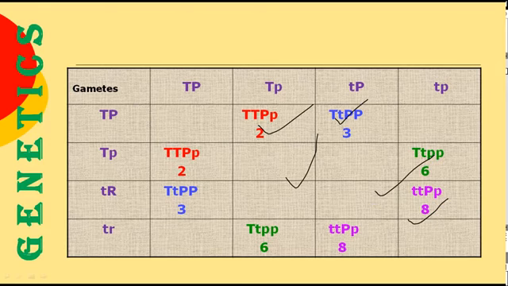You see, in genotype number 2, tallness is homozygous, color is heterozygous. Genotype number 3, tallness is heterozygous, color is homozygous. And likewise in genotype number 6, tallness is heterozygous. Genotype number 8, the color is heterozygous.